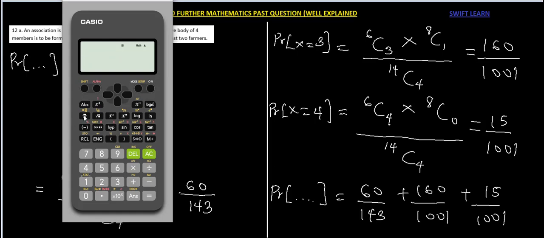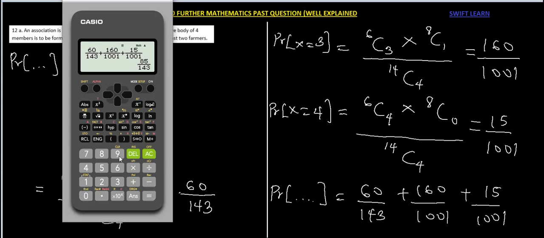So for our calculator, we want to have 60 divided by 143 plus 160 divided by 1001 plus 15 divided by 1001 also.